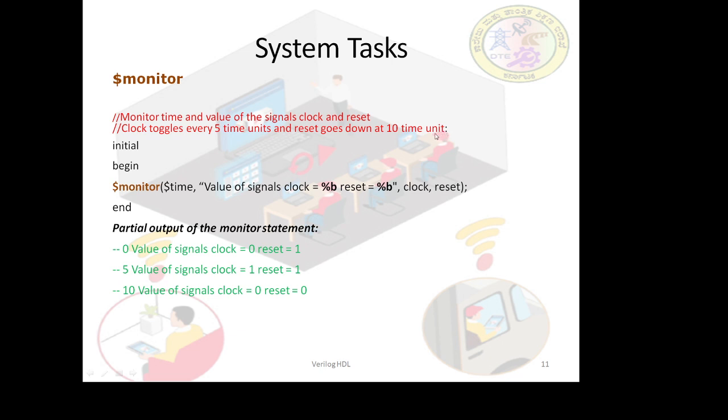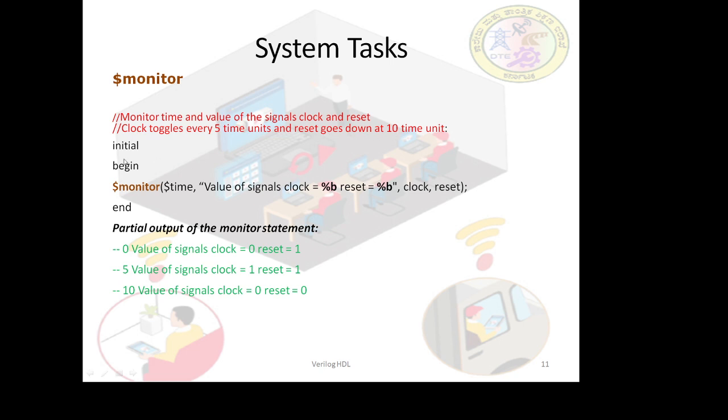Here we don't have the time in terms of seconds, we specify the time in terms of units. So what we are trying to do is observe the value of signals clock and reset. Every 5 units the clock changes from 0 to 1 and 1 to 0. And after 10 units of time the reset value goes down.